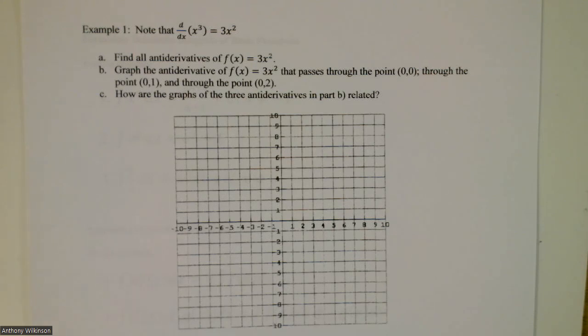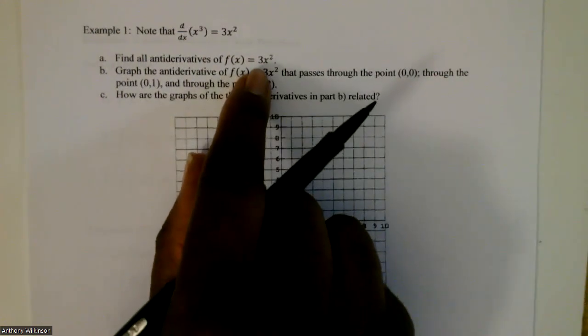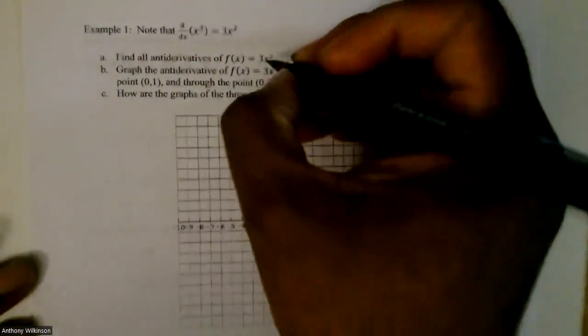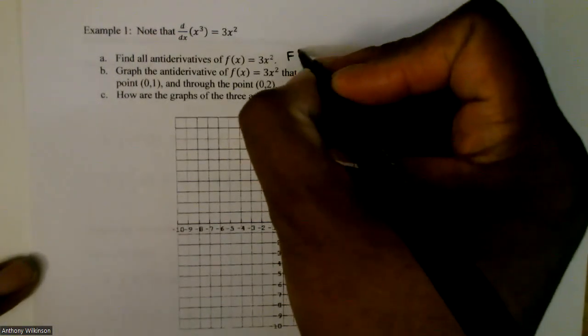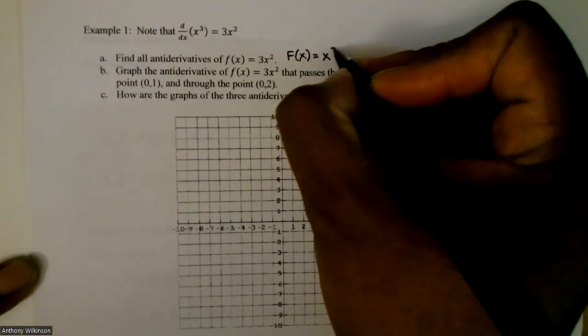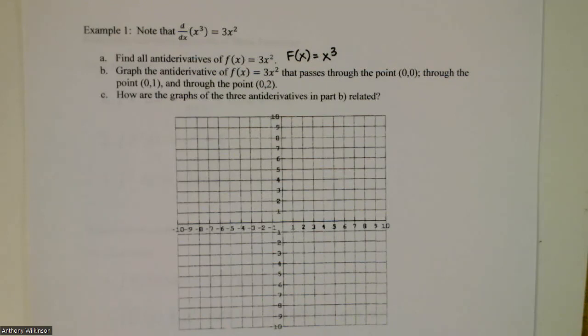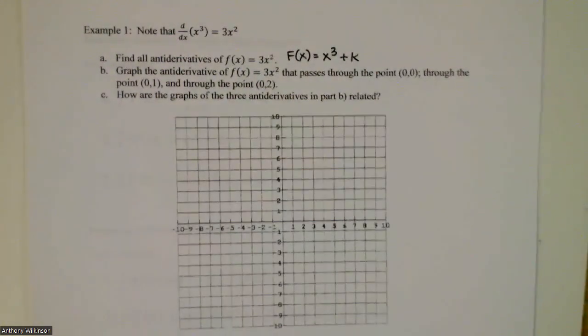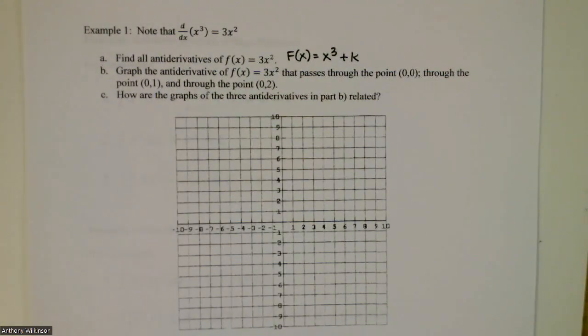Well, we've already established that if the derivative with respect to x of x cubed is 3x squared, then the antiderivative of this function will have to be capital F of x equal to x cubed. But we can't just leave it as x cubed. We have to tack on plus k, and k is a constant.